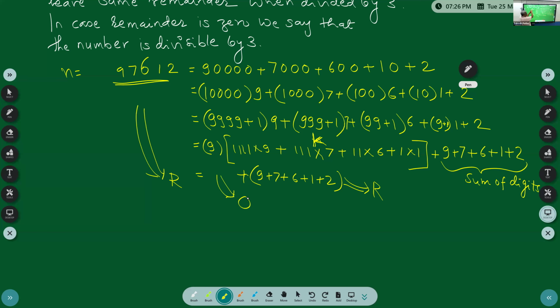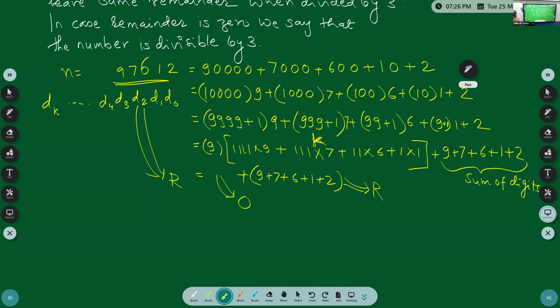Instead of 9, I will write, say, D1, digit number 1, digit number 0, digit number 1, digit number 2, digit number 3, digit number 4. So the suffix will tell you the place value also. So suppose I consider this number as D4, D3, D2, D1, D0, 5 digited. And if it is a k digited number, then Dk.